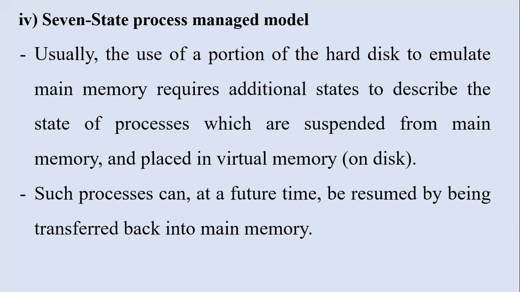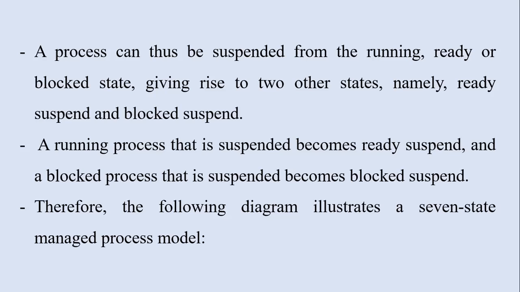So, when we talk about the 7-state process managed model, it's important, my dear learners, to note that usually the use of a portion of the hard disk to emulate the main memory requires additional states to describe the state of processes which are suspended from main memory and placed in virtual memory on disk. Such processes can, at a future time, be resumed by being transferred back into main memory.